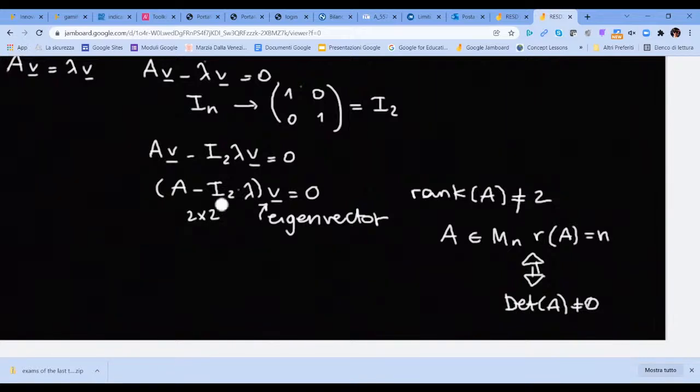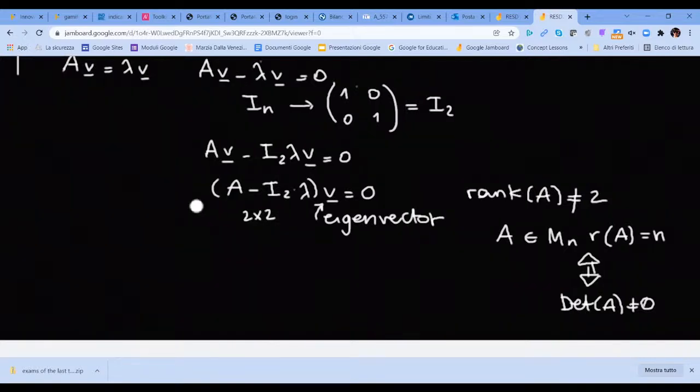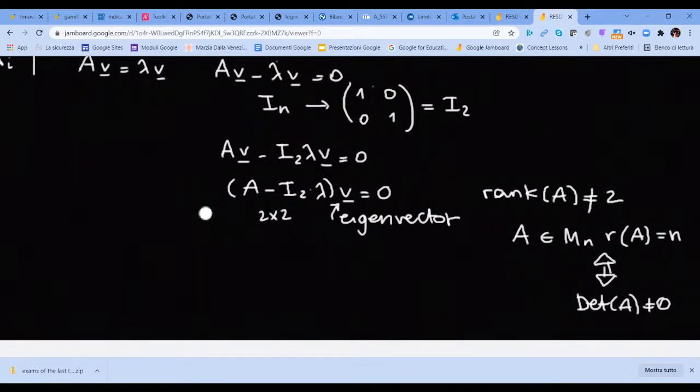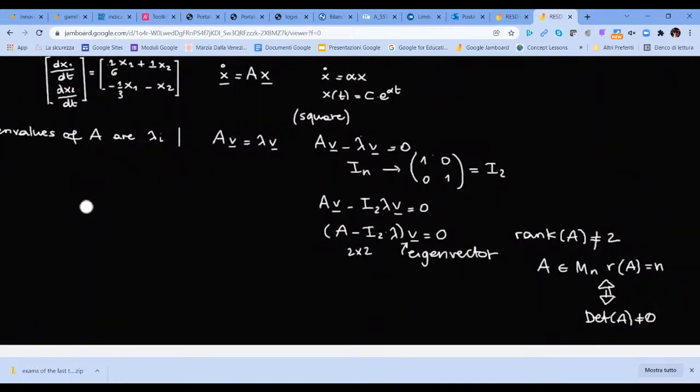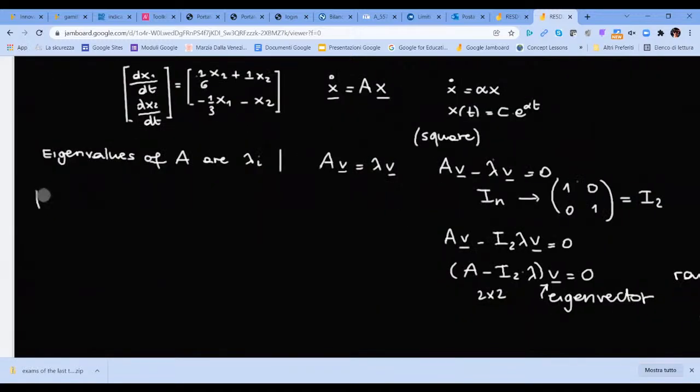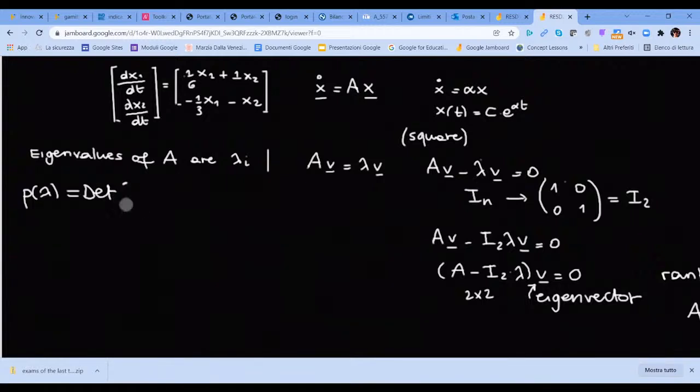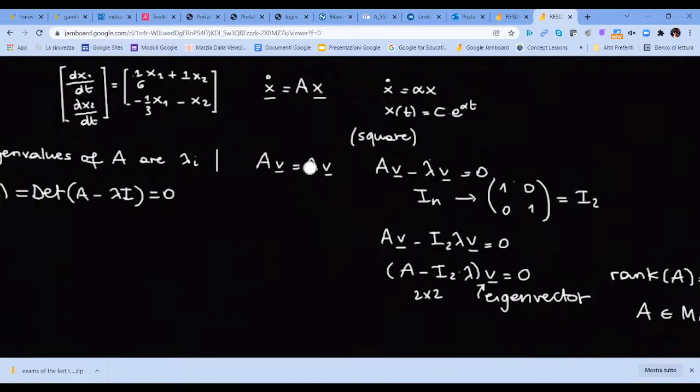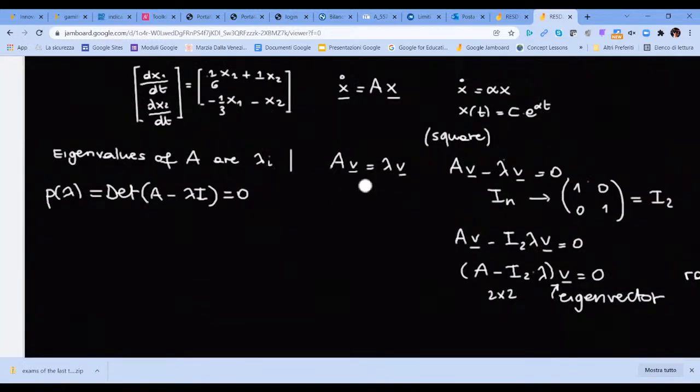Okay? And the determinant of this matrix is called the characteristic polynomial, that is called P of lambda. P of lambda is the determinant of this new matrix, A minus lambda times I, this identity matrix, and it should be equal to 0. The solution of this equation will be these lambdas, these eigenvalues that give us this equality. Okay?